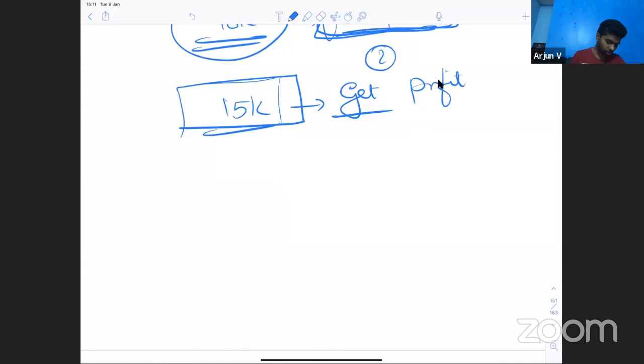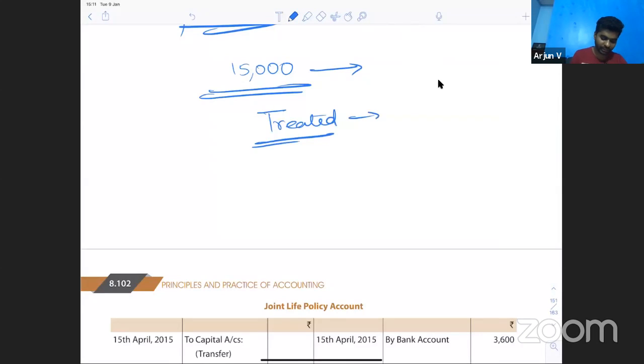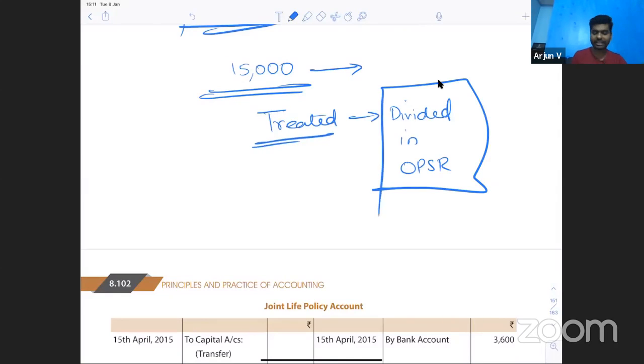Yes. So, how do you treat profits among partners? This profit will be divided in their old profit sharing ratio, the way we treat general reserves.